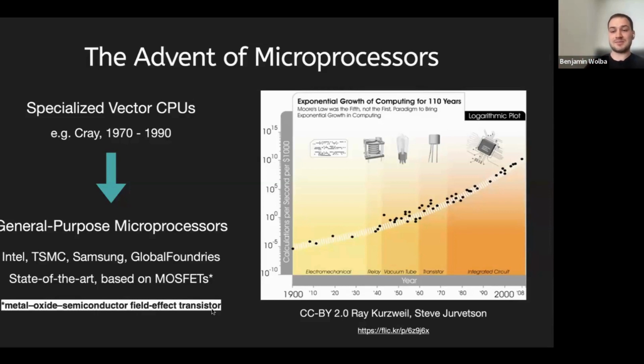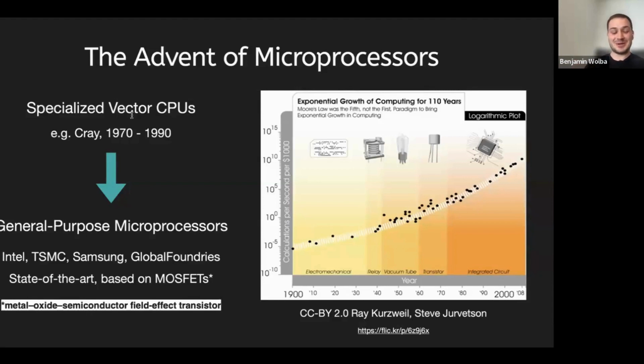If you wanted to simulate weather events or do other scientific calculations, it was necessary to specialize your chips to the use case. One early famous company was Cray, a supercomputing company, and they specialized their CPUs to deal with vector data instead of just scalar data to make them work for scientific computations.